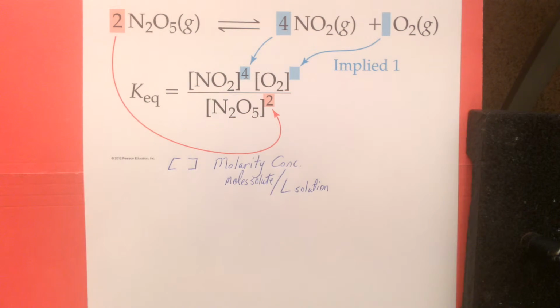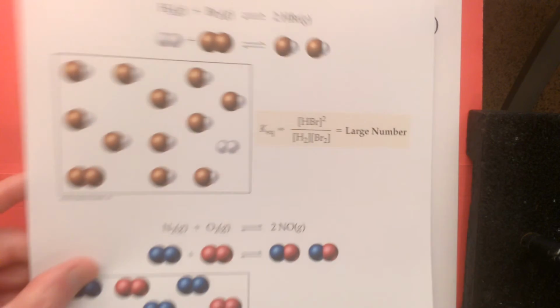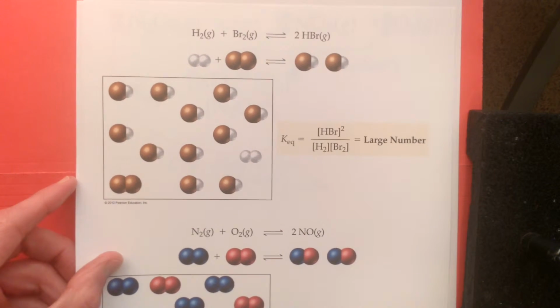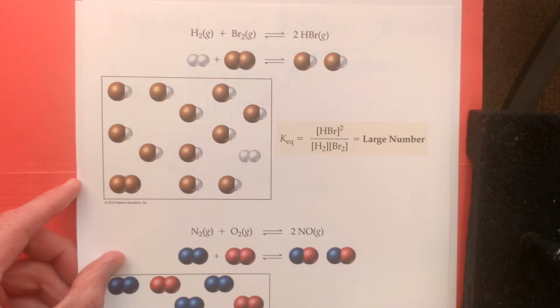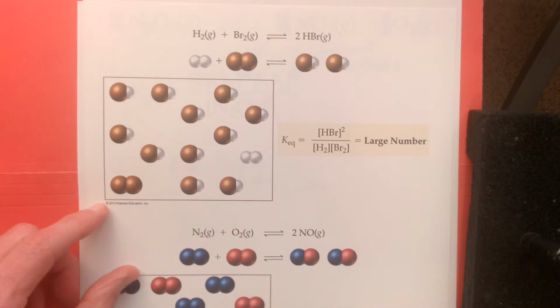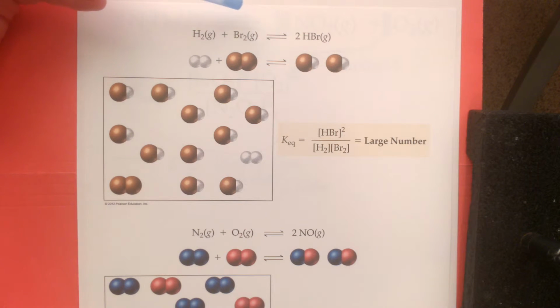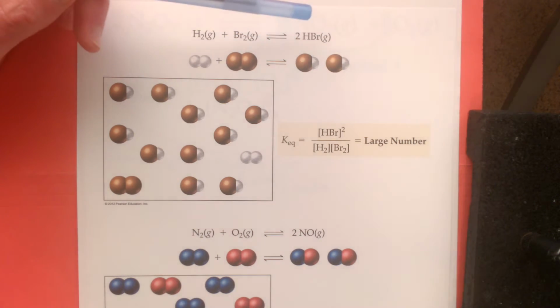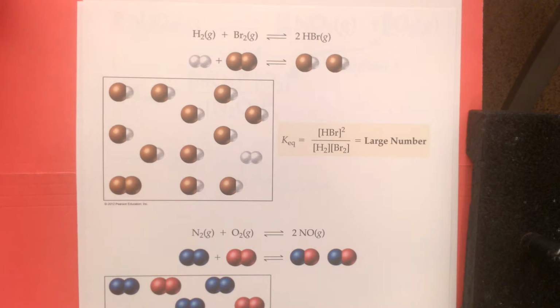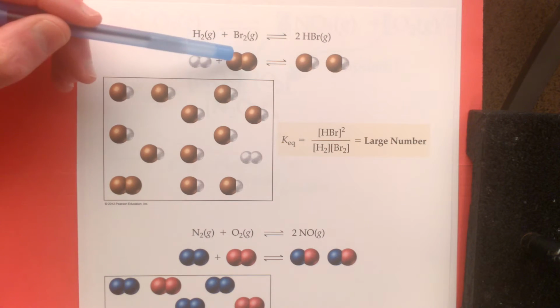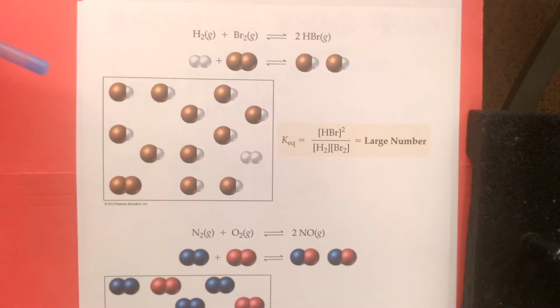Now when we get those values, here's a picture for us to relate to. And I'll move it down when we look at this second reaction in more detail. This first reaction, we have some hydrogen gas with some bromine gas, and we're forming some HBr, hydrogen bromide. We can see there we have these little molecule models for us.